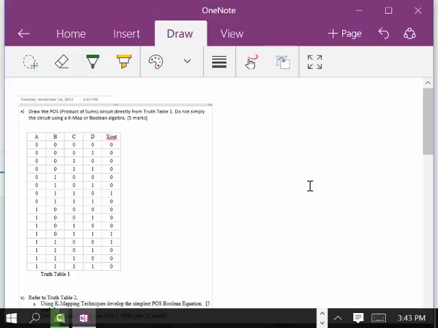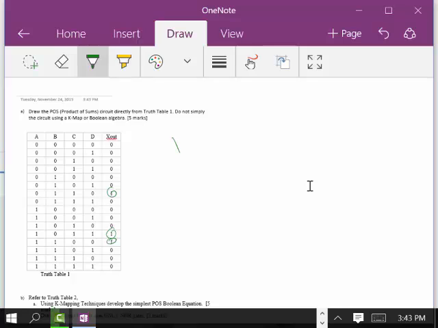Draw a product of sums directly from the circuit. Do not simplify. This one's fairly straightforward. I just write the equation right there from this table. Every place there's a 1. So there's a 1 here, there's a 1 here, there's a 1 here. So I have 3 places where there's a 1.